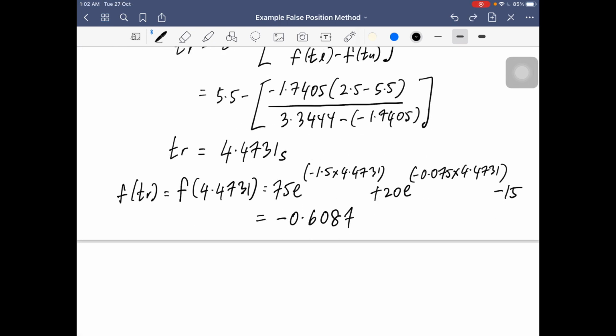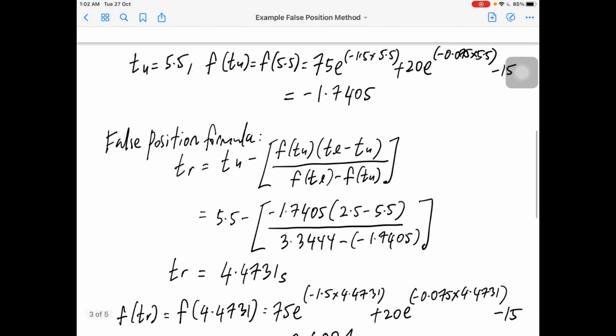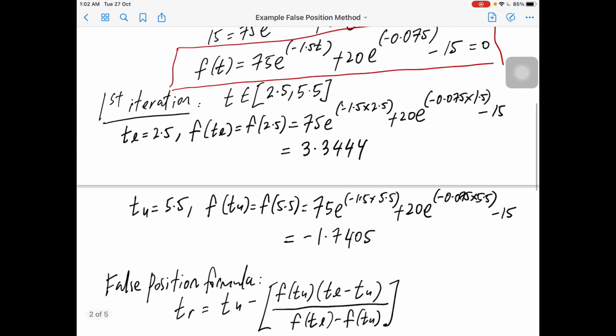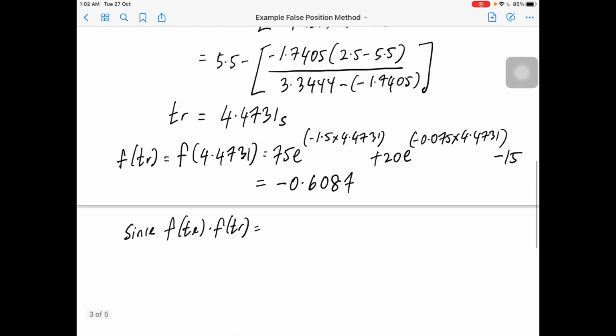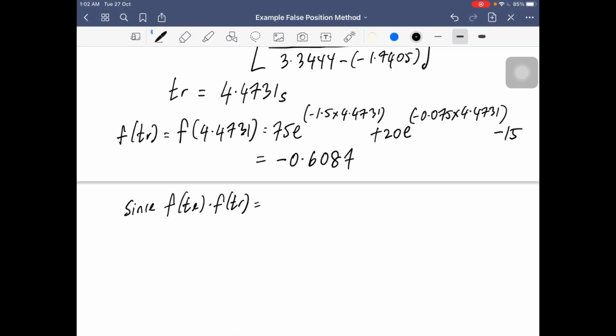Okay, so now we check. F(TL) multiplied with F(TR): remember our F(TL) is 3.3444, and then F(TR) is negative 0.6087.